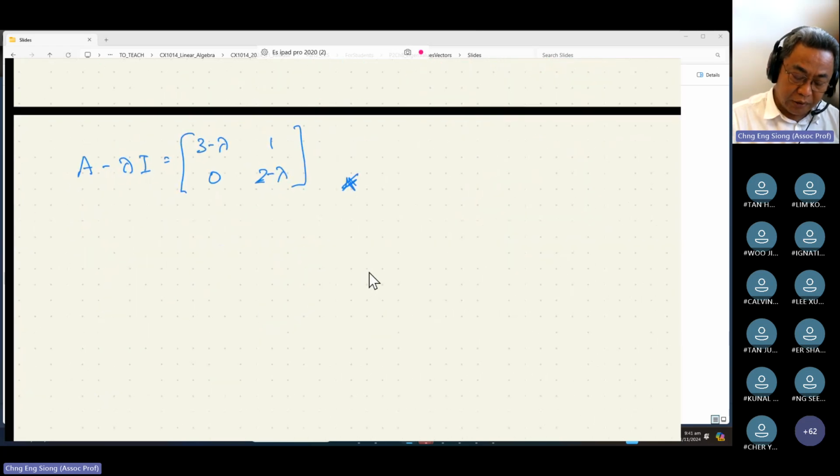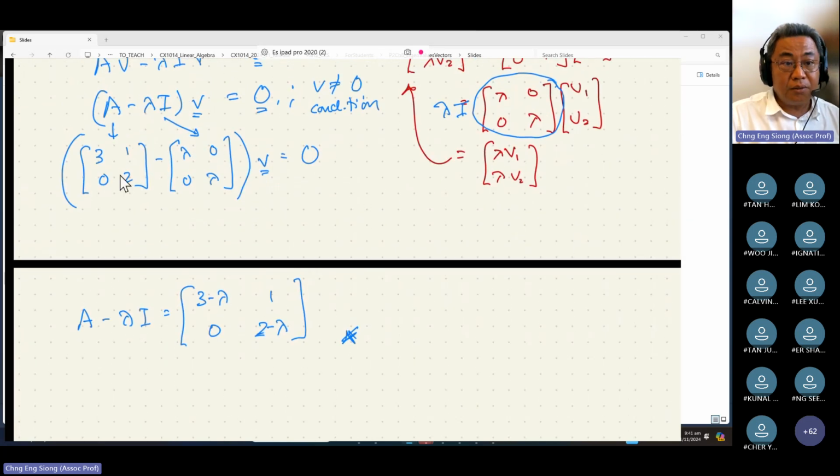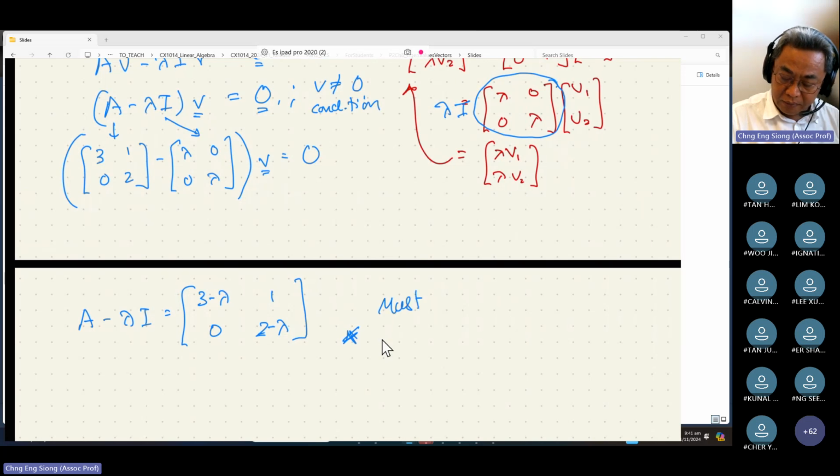So this matrix is the interesting one. For V not to equal 0, remember this matrix multiplying by V gives 0, this matrix must have what, guys?